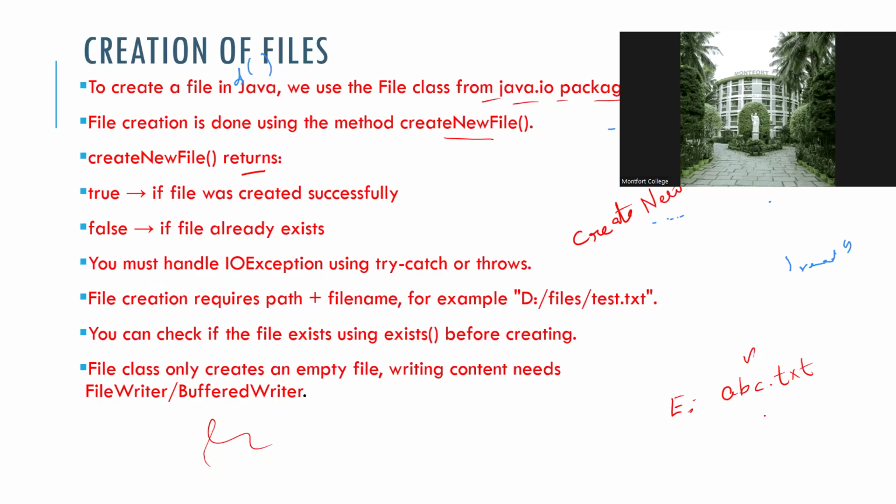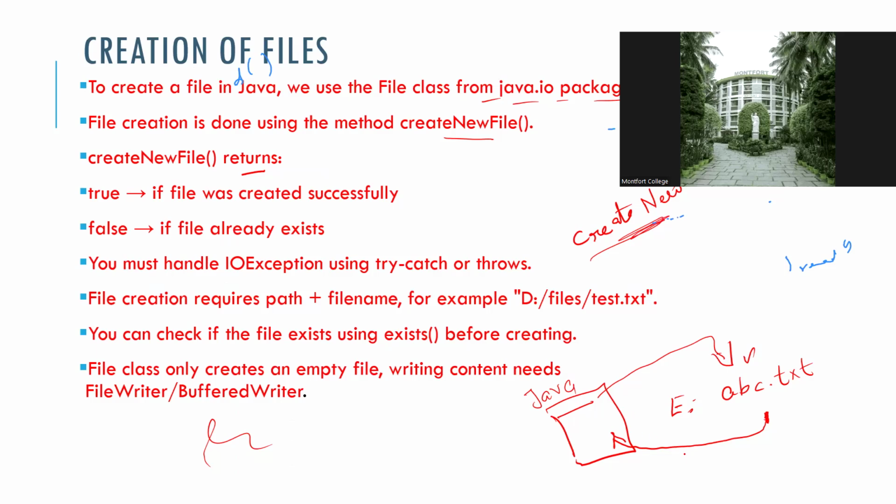In the Java code we will have this statement, which creates a file in E colon named abc.txt. If it is created, it is going to return the value 1 to the code.